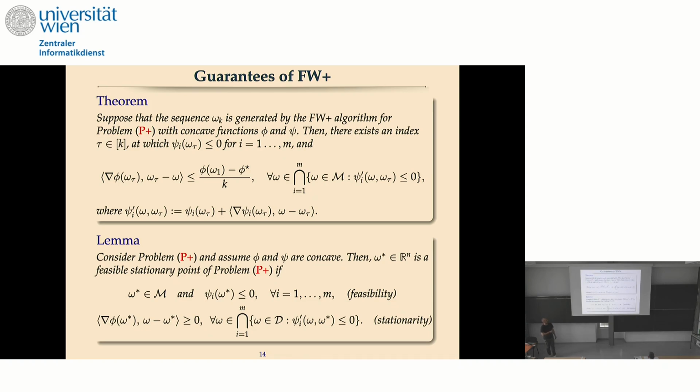That immediately leads to this lemma that if we consider the problem template P plus that we are using with concave objectives, a feasible stationary point of problem P star can be defined in this way. So this term becomes 0 if and only if we are looking at a first order stationary point of this problem, and otherwise it's always non-negative.